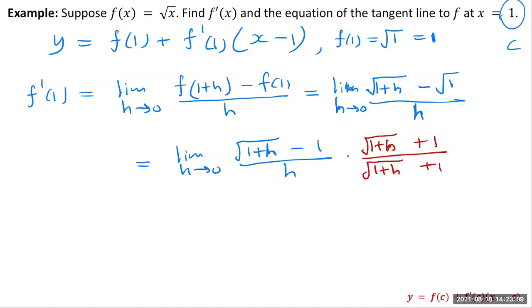Now let's do some simplification here. This is equal to the limit as h goes to 0.